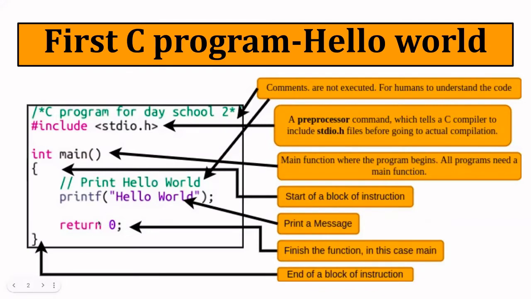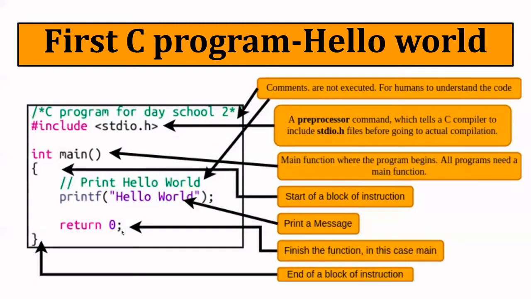Then return 0. This is the end, to finish the function. You have to write this return 0. Some compilers need this return 0, some compilers do not.